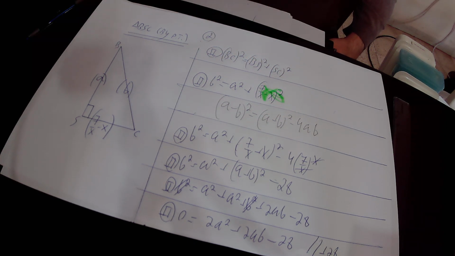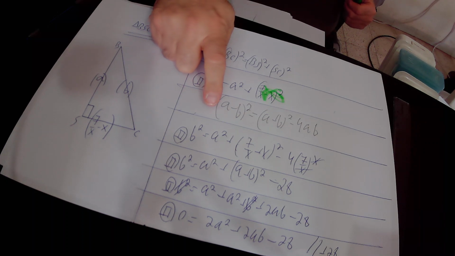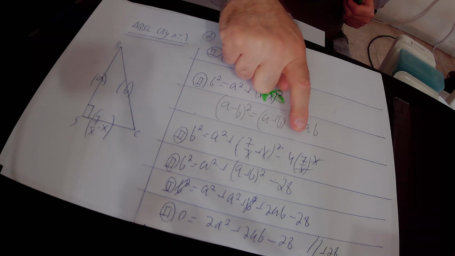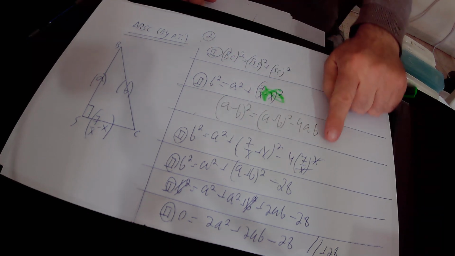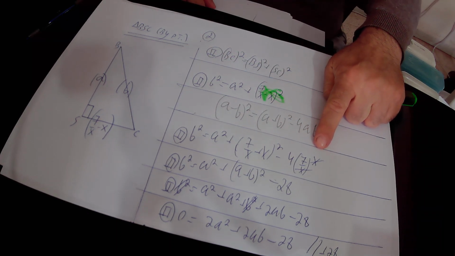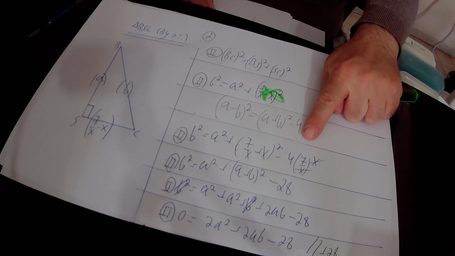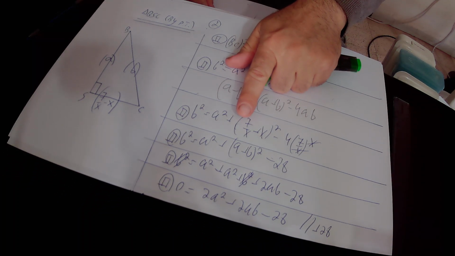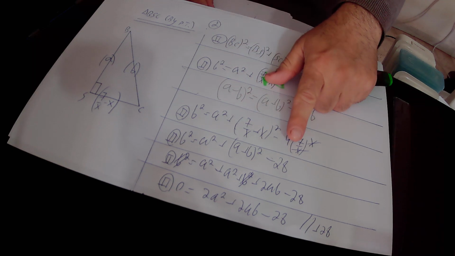So in conclusion, according to equation 2, b squared equals a squared plus 7 over x plus x squared minus 4 times 7 over x times x. Here we have x in the numerator and x in the denominator, so x gets cancelled, and we only have minus 4 times 7, that is minus 28. So in conclusion, according to equation 2, b squared equals a squared plus a plus b squared minus 28.